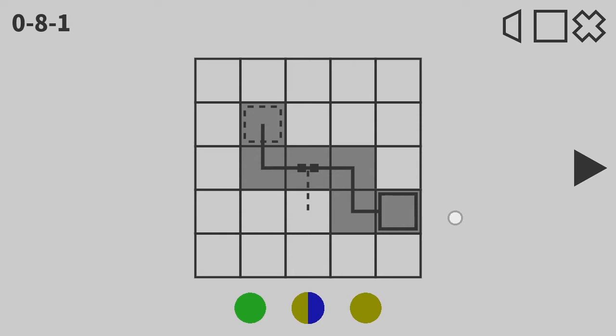I wonder. Why does that not work? This does work. What else worked?